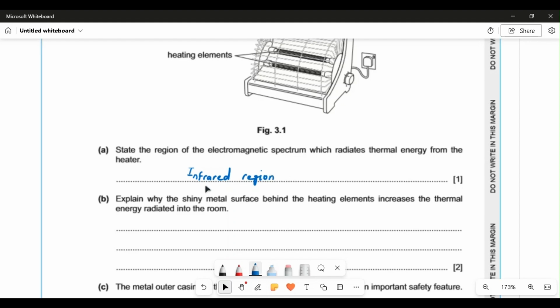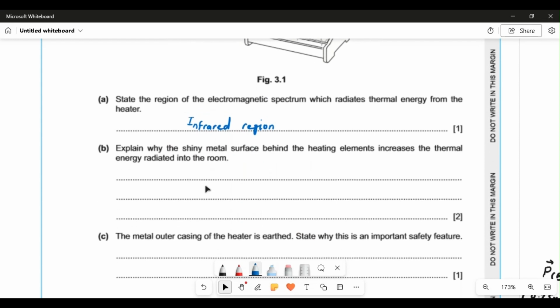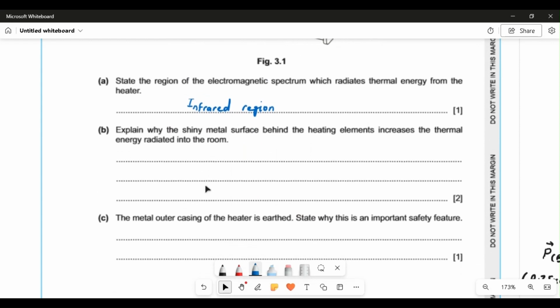Explain why the shiny surface behind the heating element increases the thermal energy radiated into the room.